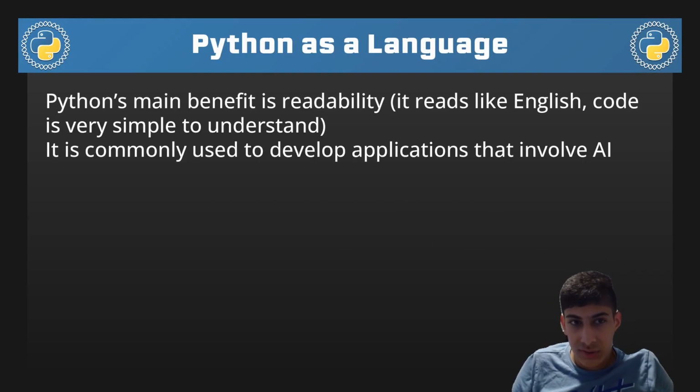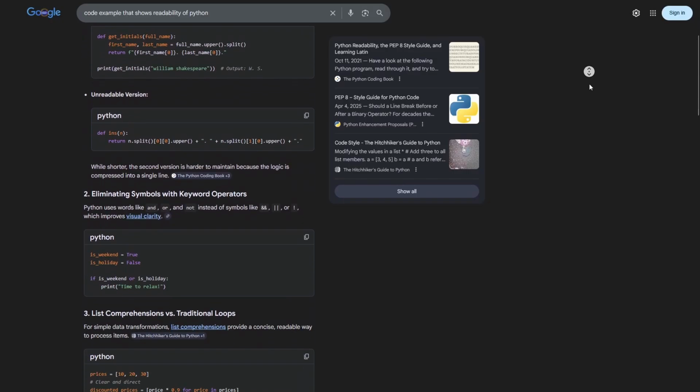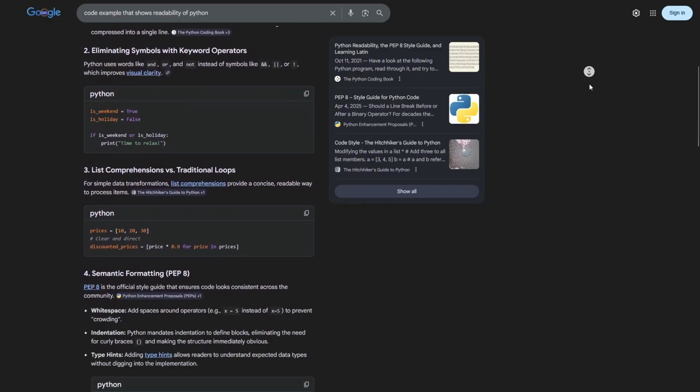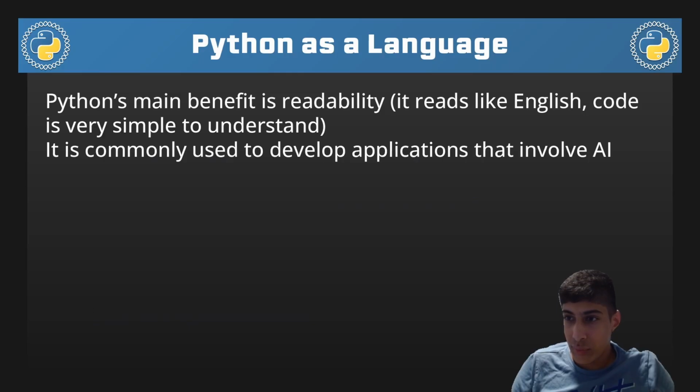So firstly, let's go over some basic information about Python. Python's a really popular programming language that's been growing a lot recently. The reason for this is because it's very readable and very understandable. In other words, Python syntax is a lot like English, which makes code really simple to understand.